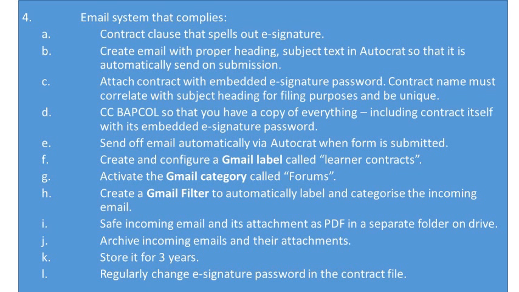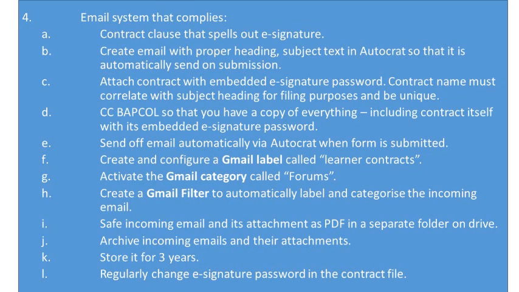There are only a few steps remaining, namely step number I. You save your incoming email and its attachments as a PDF in a separate folder. I like to save it in a separate folder. Remember to save both the incoming email and the attachment, because you must prove that the person opened and read the document and pasted the password as requested.